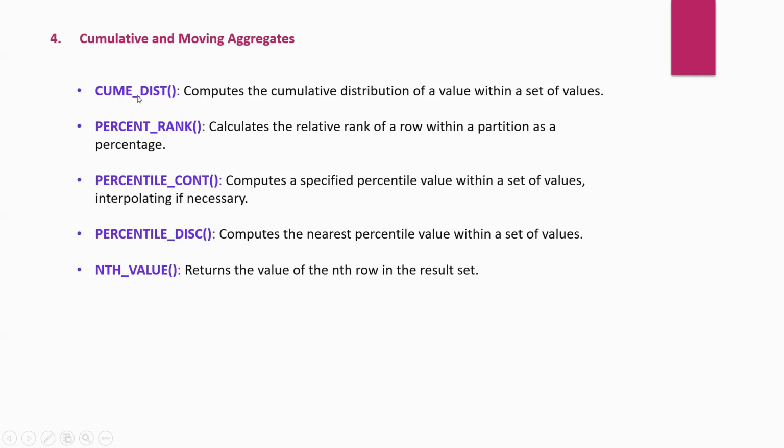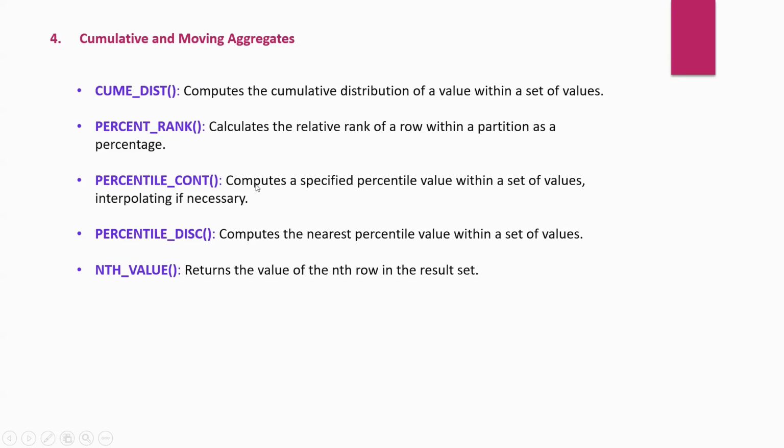Let's see what the meaning of cume_dist is. It computes the cumulative distribution of a value within a set of values. This is a little bit of a mathematical problem, like probability computation you already learned in school. Then percent rank calculates the relative rank of a row within a partition as a percentage.